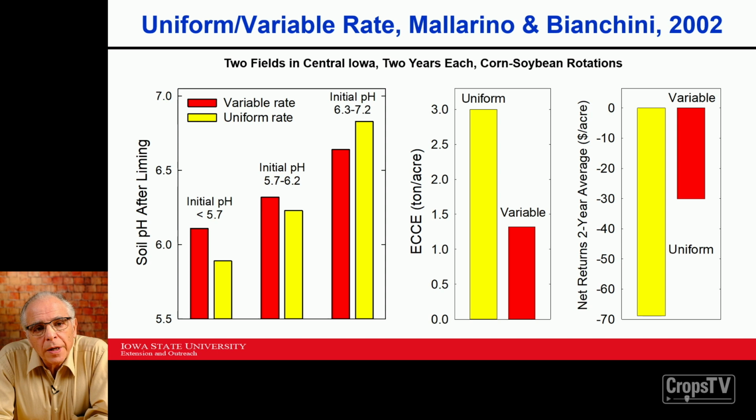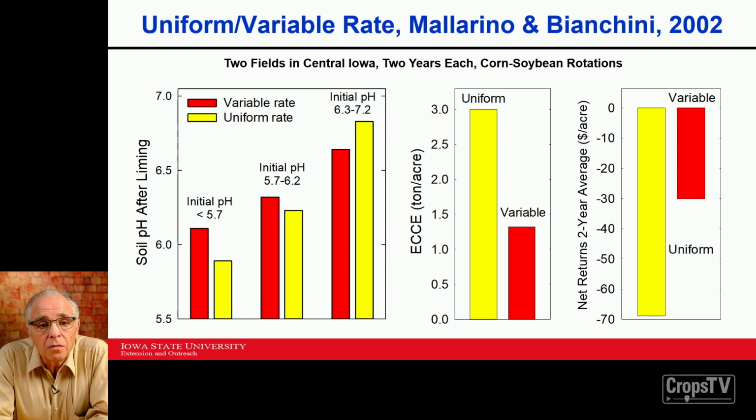And so what I did there, I divided the data for the field in 3 areas that initially have pH less than 5.7, 5.7 to 6.2, and then 6.3 to 7.2. Those were the pH of the areas that we observed there.